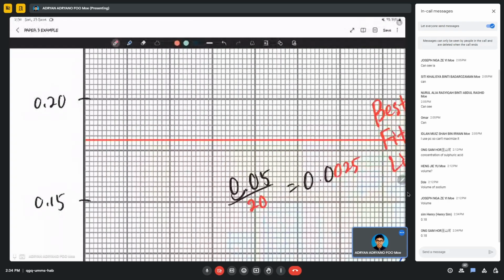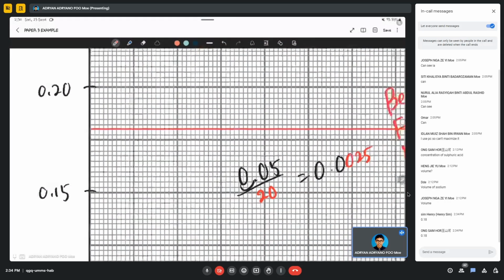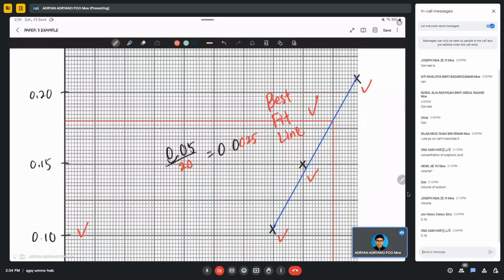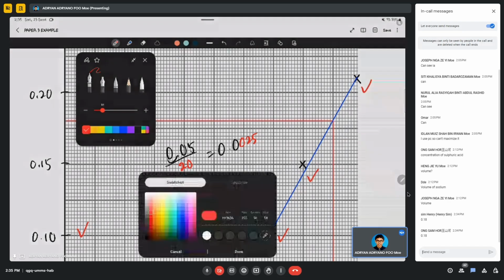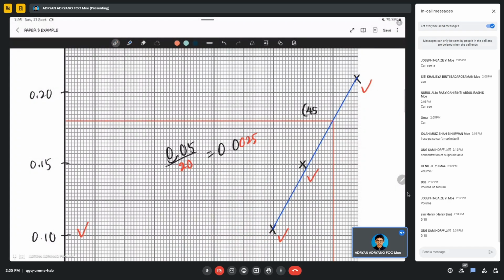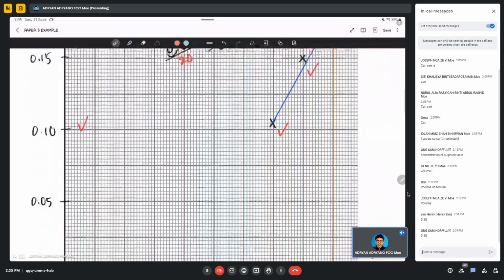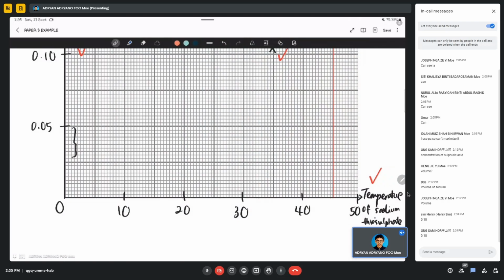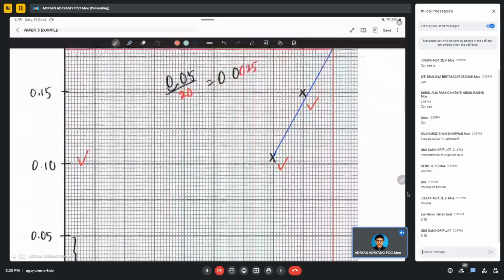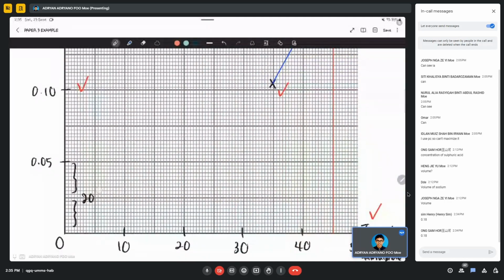We add one by one. Okay, good. So that is the time taken. Then you must remember, you must draw this red line with a dotted line, because it will give marks for your interpolation. And even better, you label it on the graph. At 45 degrees you get 0.18. How do you know what one square is? Just now we saw 0.05 is 10 squares plus 10 squares, so there are 20 squares in total. So you divide 0.005 by 20, and you get 0.0025 for one square, then you add up one by one.